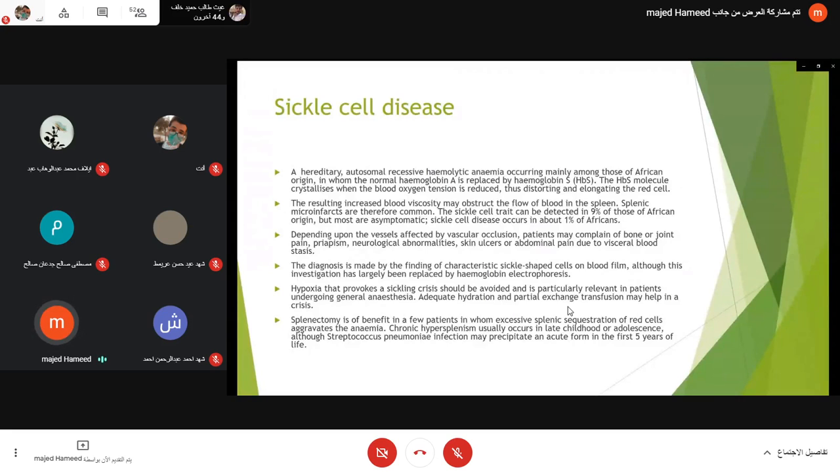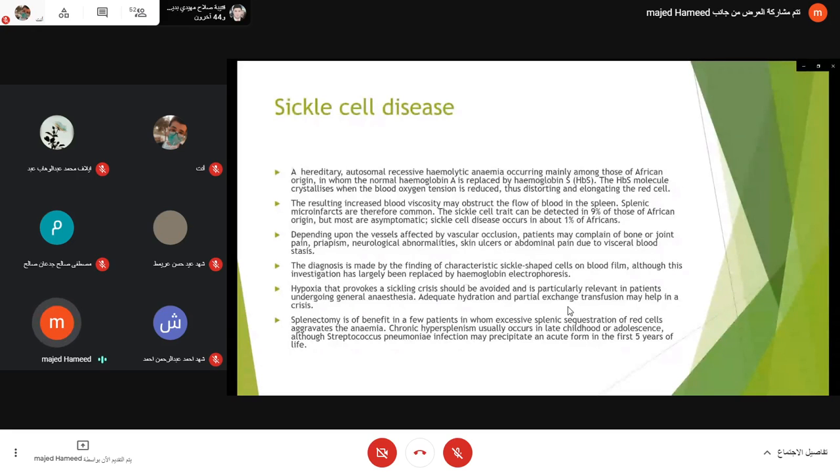The diagnosis is made by the finding of characteristic sickle-shaped cells on the blood film, although this investigation has largely been replaced by hemoglobin electrophoresis.